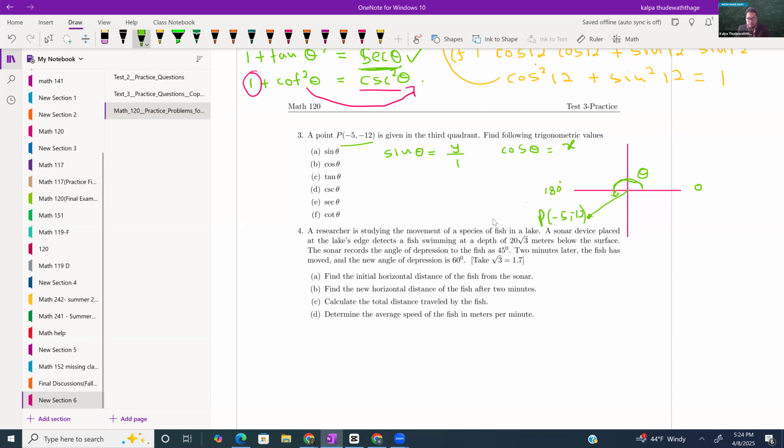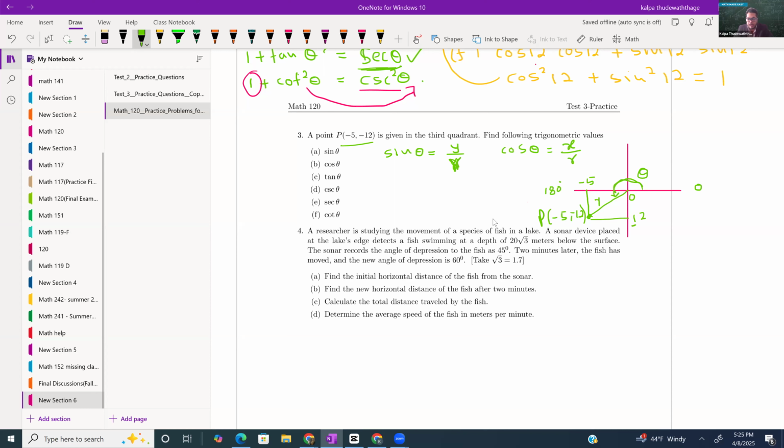Because you can see your x, y values, I'm talking about the absolute value of those coordinates, are greater than 1. So you have to divide your y coordinate by r, and x coordinate by r. What does that r mean? The length from the origin to the point. So this is -5 and this is -12.